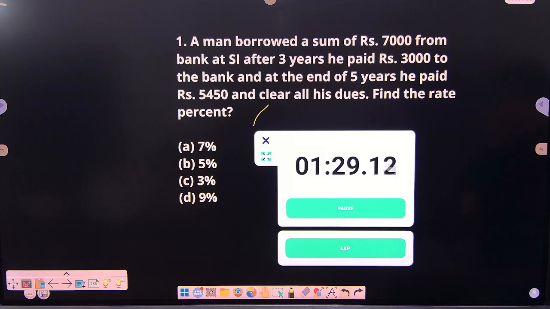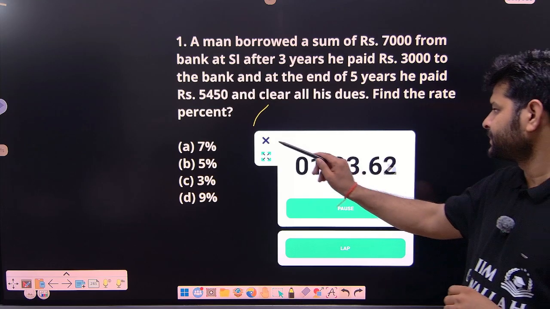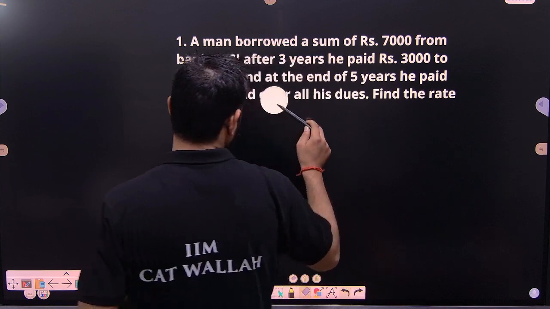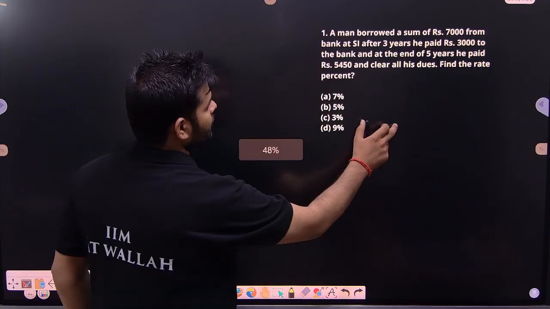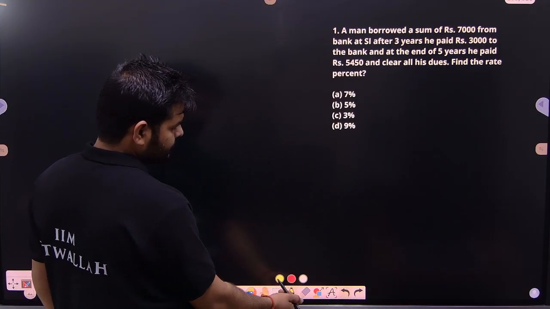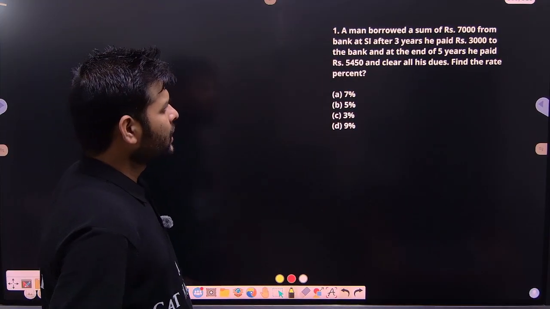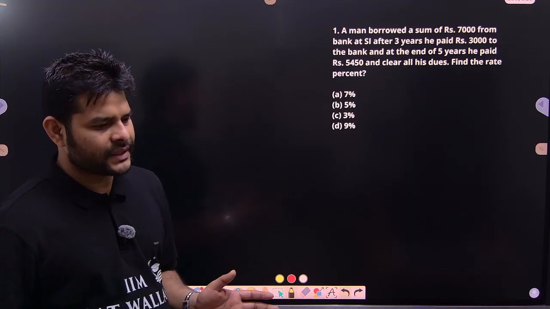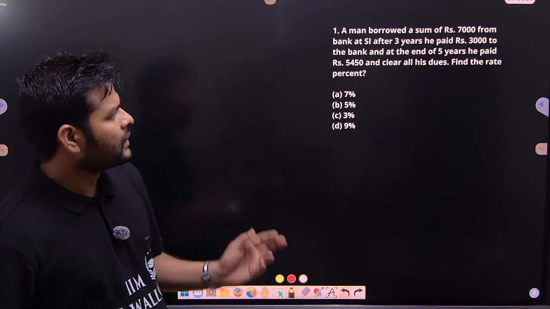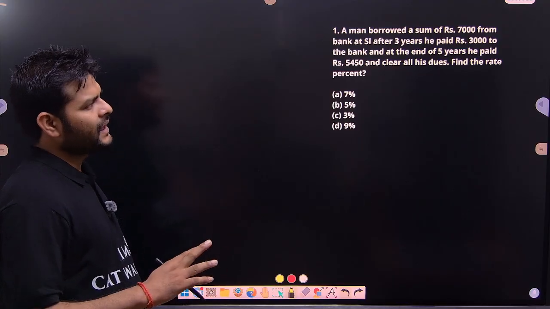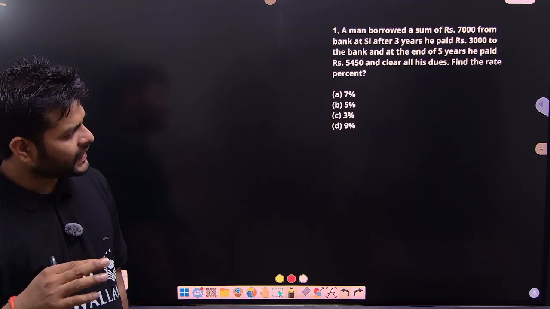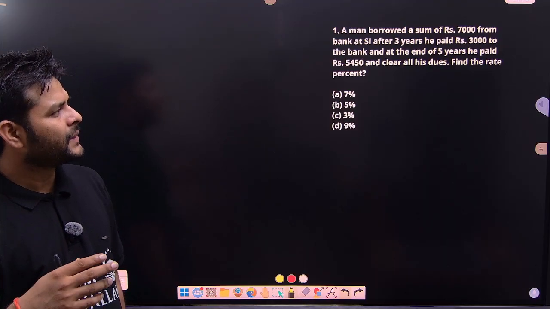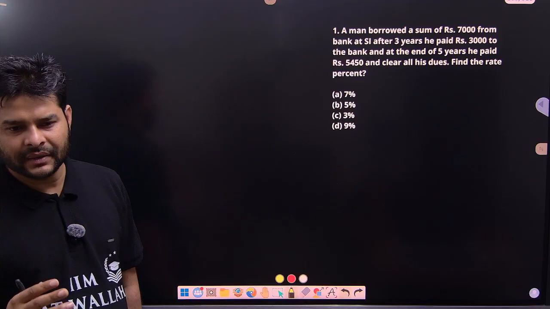No, 7 is not the answer. Take a look, guys. The question says a man borrowed a sum of rupees 7,000 from a bank at SI. After 3 years he paid rupees 3,000 to the bank.